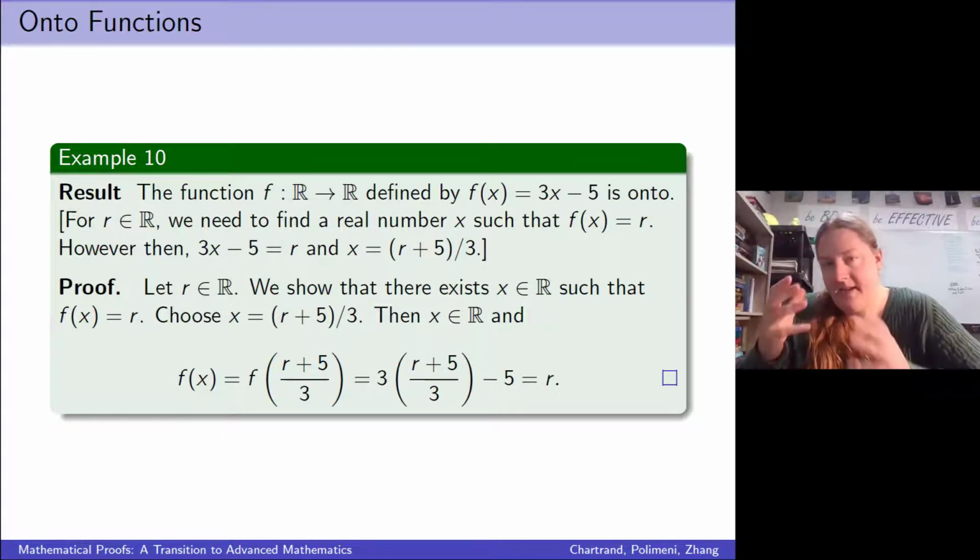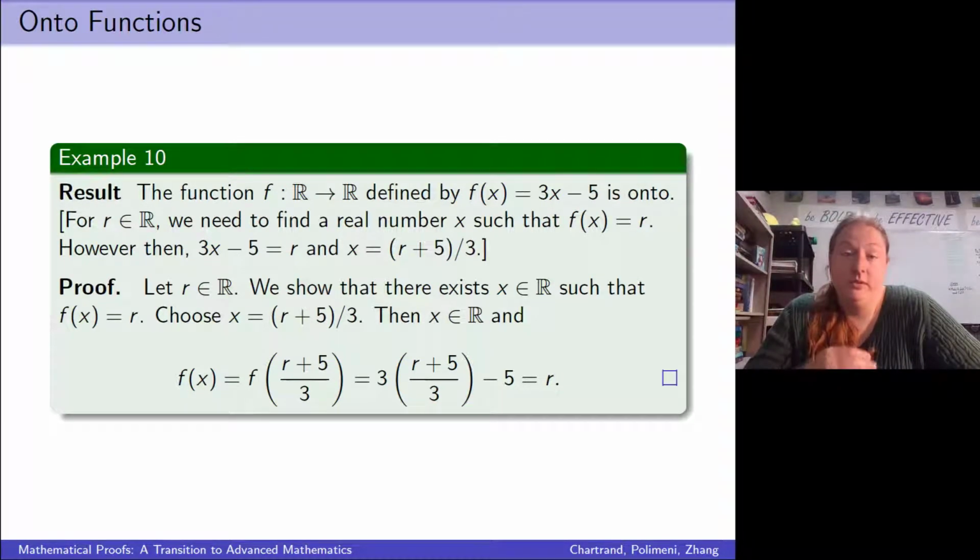So now that I've done that pre-processing, I can jump into the proof. I'm going to let r be a real number, any real number. Then I need to show that there exists x that's a real number such that f of x equals r. Well, I've done the prep work to know that I need to choose x equals (r plus 5) divided by 3. So we're going to choose that.